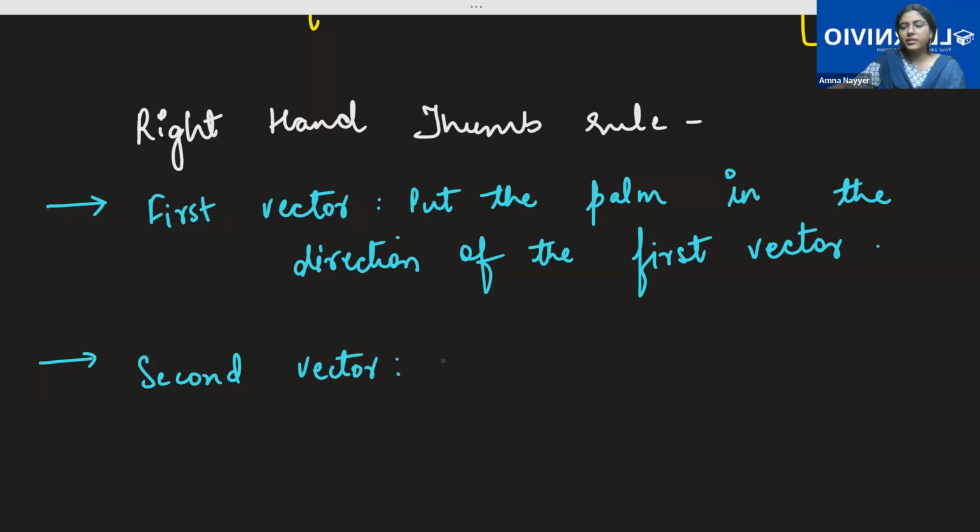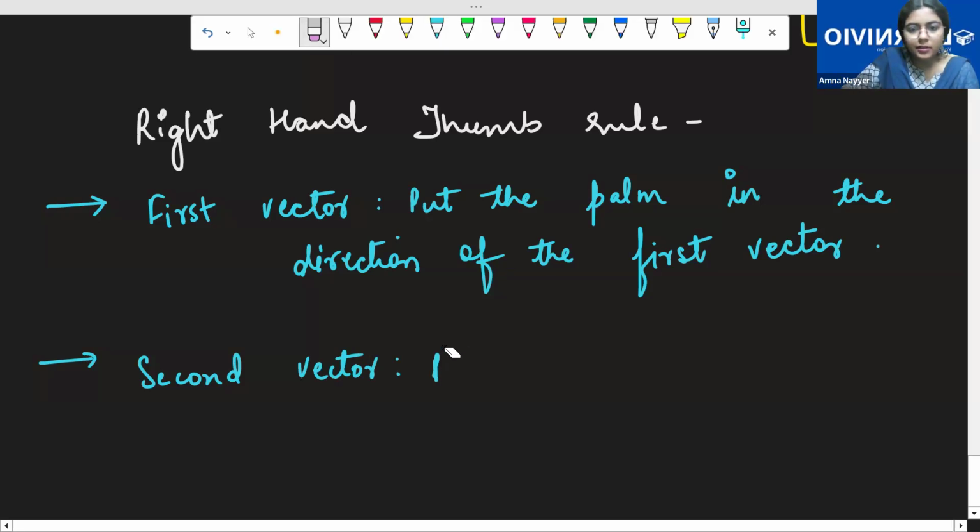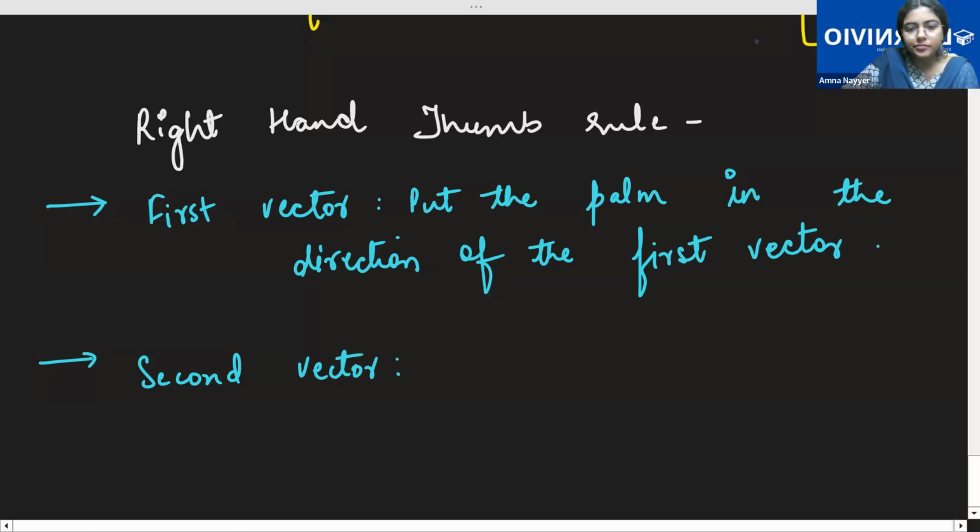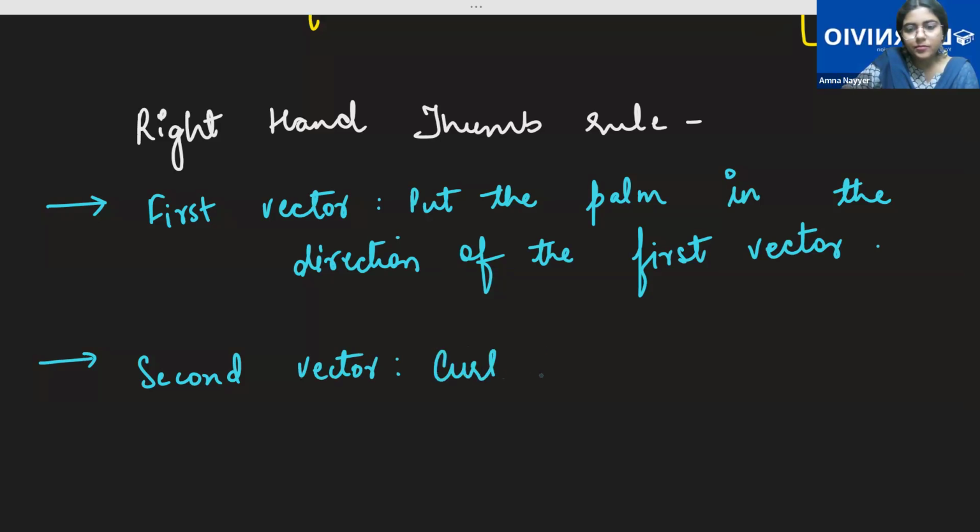Let's say first vector is up, second vector is right. Let me write it first. Curl the fingers in the direction of the second.